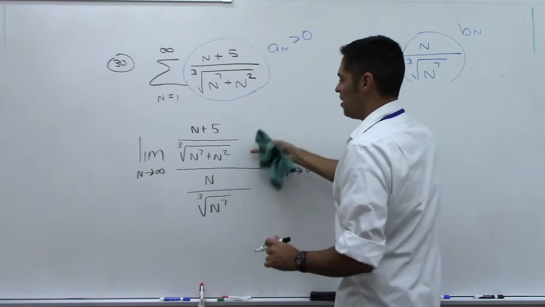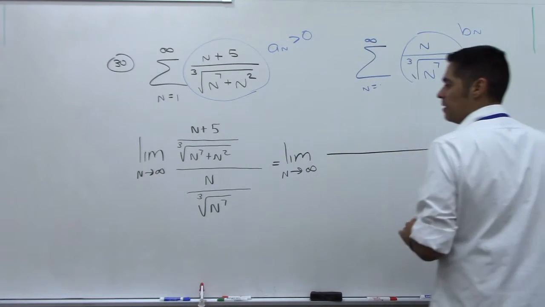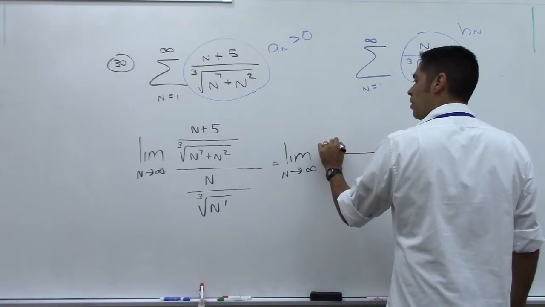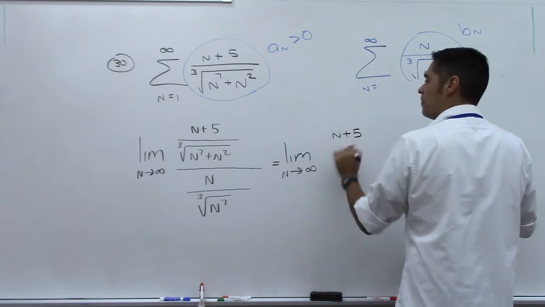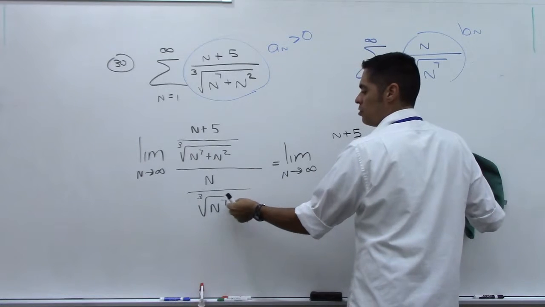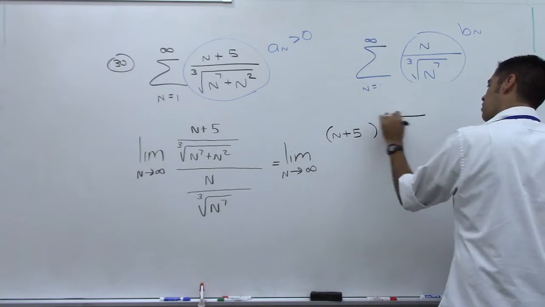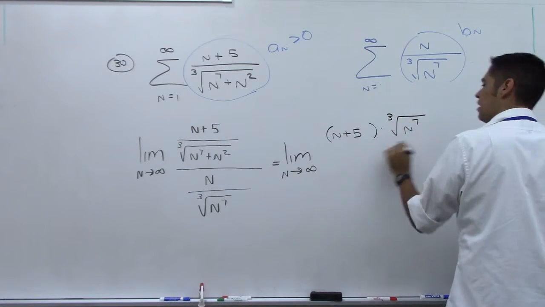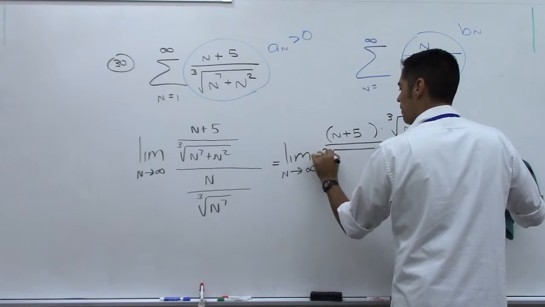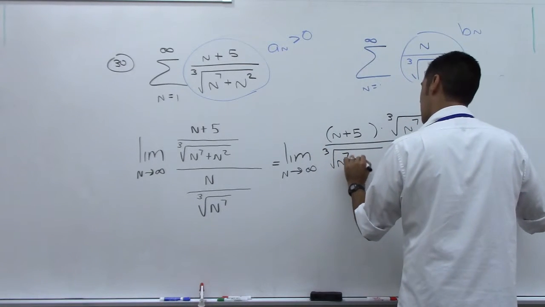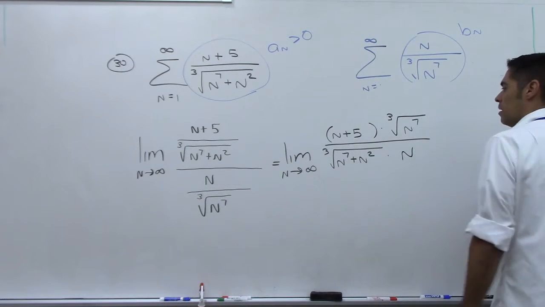See, when I flip this up, I get one fraction. I'm going to have the n plus 5 up top, that's this. What came up to join it is this one. So times the cube root n to the 7th over, now I had the cube root of n to the 7th plus n squared times, and this n joined it on the bottom.